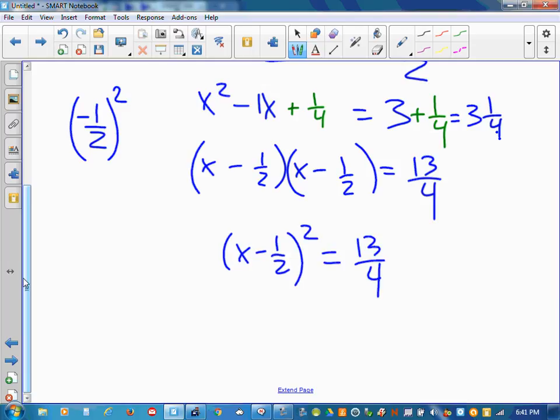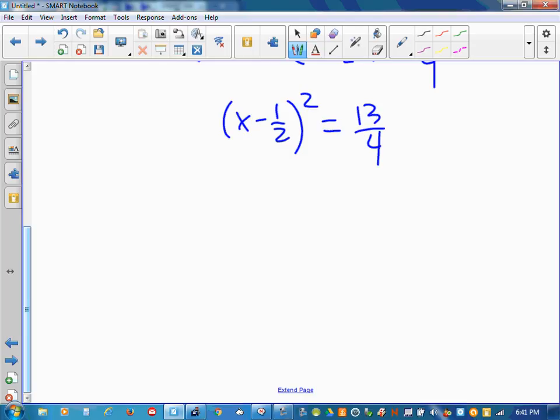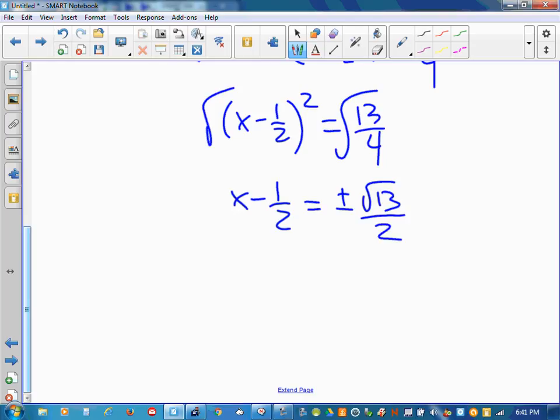I'm going to now take the square root of each side, just like I've been doing in the past. Square root, square root. We get x minus 1/2 equals plus or minus the square root of 13. And that doesn't have a square root, but 4 does. The square root of 4 is 2, so it becomes a square root of 13 over 2.